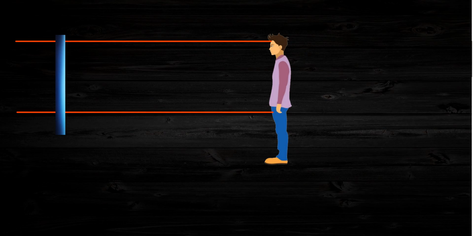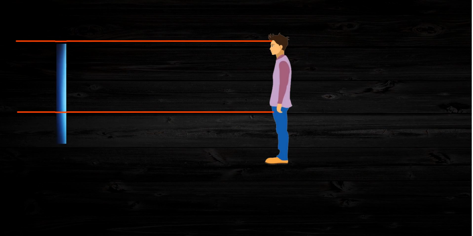Alright. Then the observer will be able to see himself or herself in the mirror provided this mirror encompasses this particular region that lies between these two red lines. So if the mirror is like this, still the observer will not be able to see their complete self.